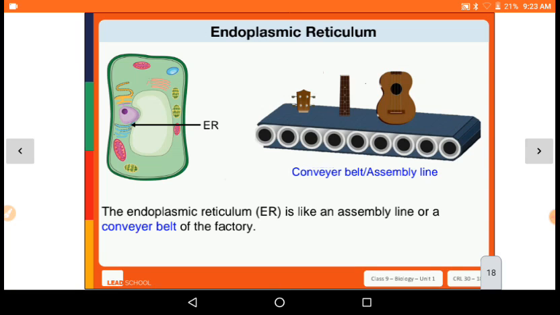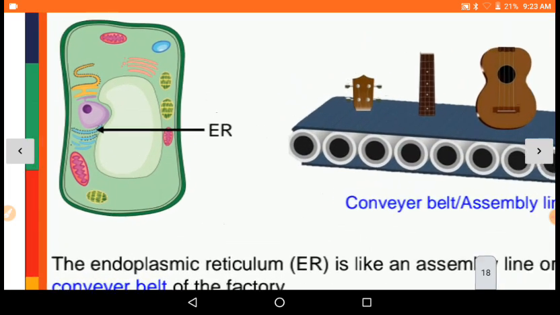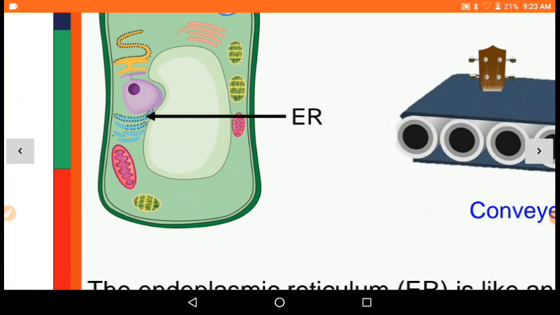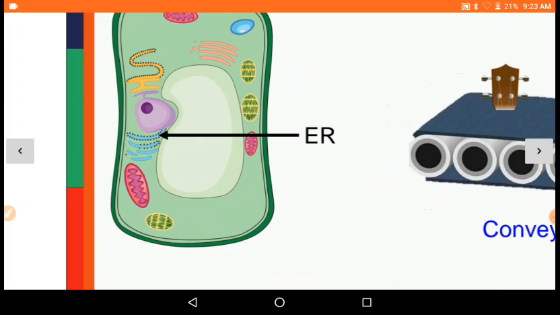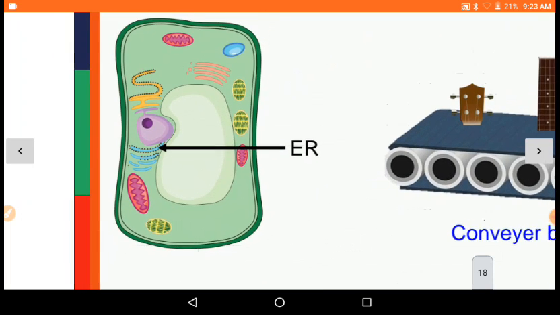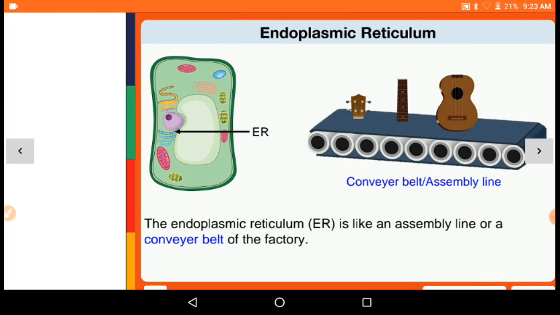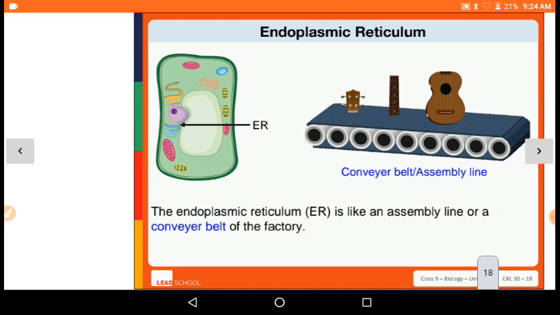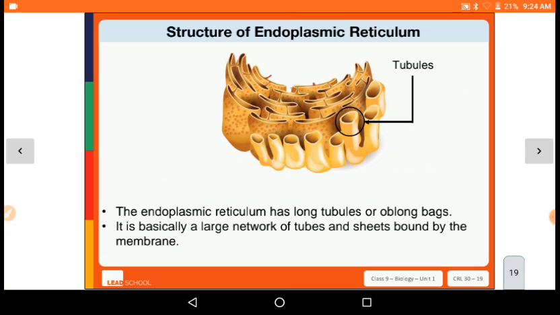In the figure of the cell, you can see the blue colored cell organelle right here. It is like a belt-like structure, a conveyor belt or assembly belt-like structure of a factory. The structure of endoplasmic reticulum is like tubules, long tubes or long bags.